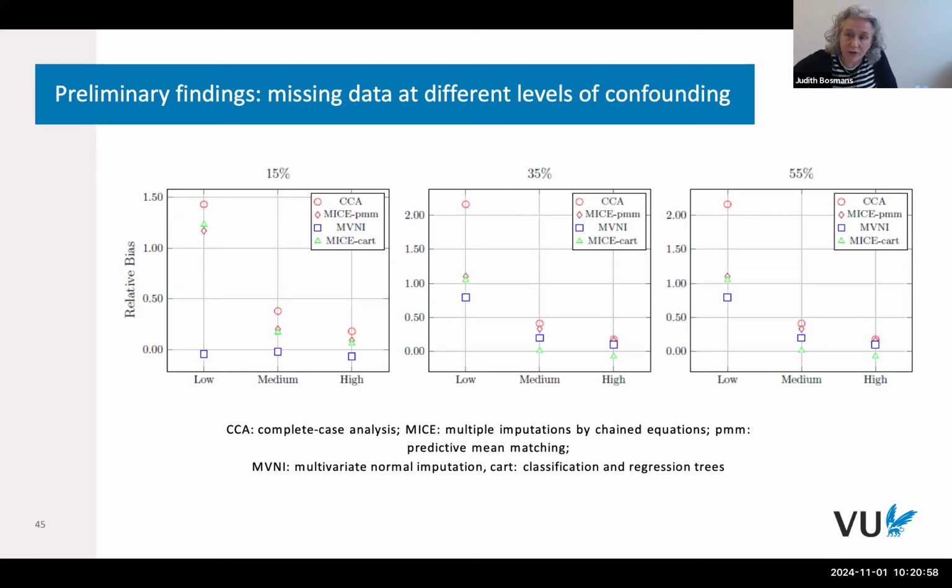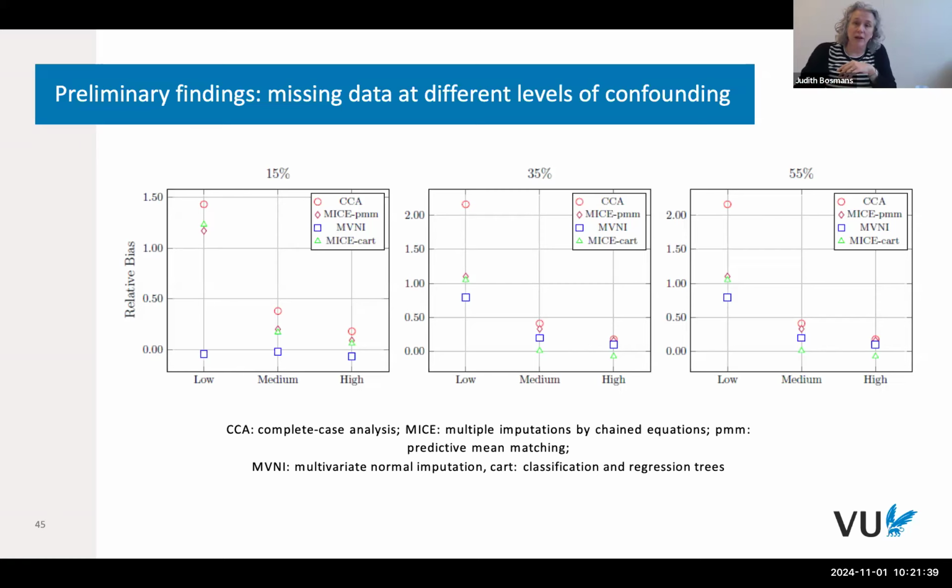But you can also see that with higher levels of confounding, so on the x-axis, low, medium, and high refers to the level of confounding, that with high levels of confounding and high levels of missing data, the two balanced out against each other. So the bias became smaller again. So actually, if you have very high levels of confounding and very high rates of missing data, then they may balance out against each other. Although you do not know whether in other settings in actual empirical data, that's the same.